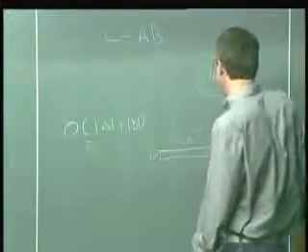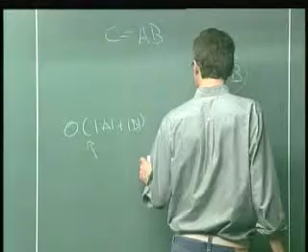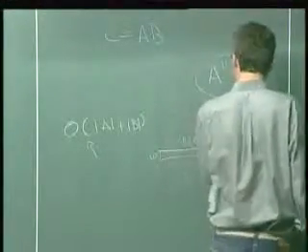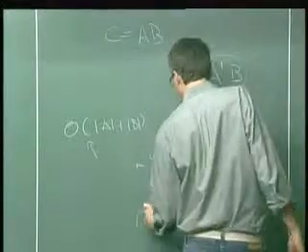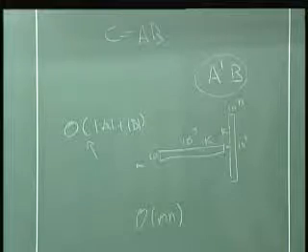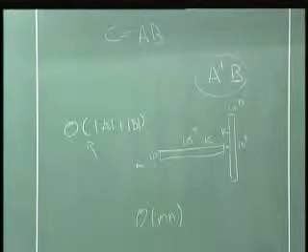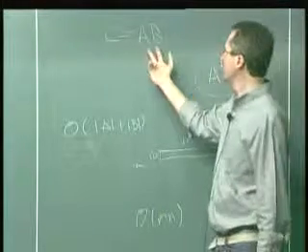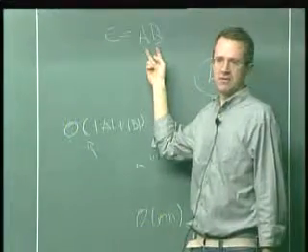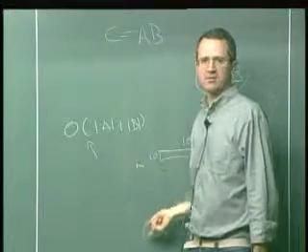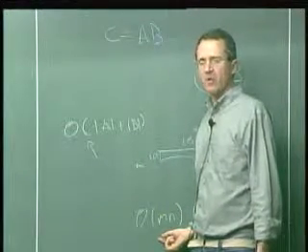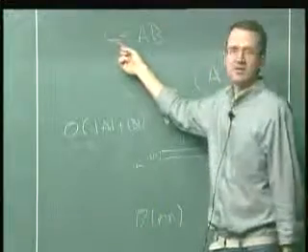The dominant term, where this is K and this is K and this is N and this is M, is an order M times N component, because that's the number of dot products you have to compute. If C is a large matrix, suppose these are two square matrices of size 1,000,000 each, you've got 1,000,000 squared dot products to compute, which is absurd. So it's a horrible method if C is big and square.